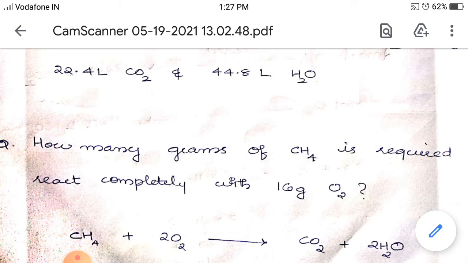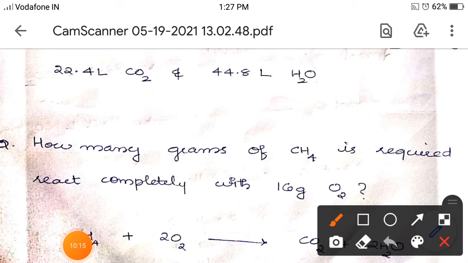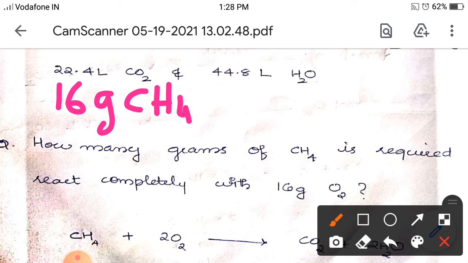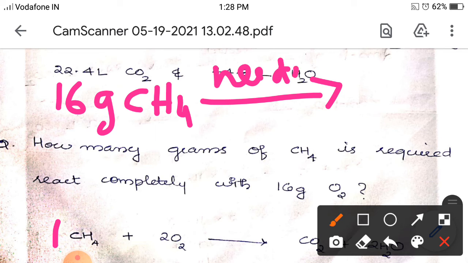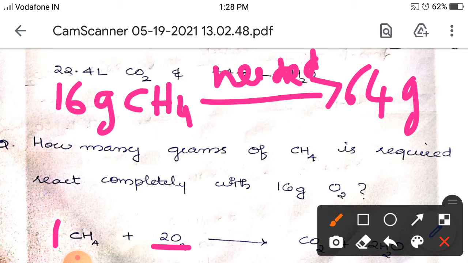Then from that balanced chemical equation, 16 gram CH4 is needed, that is 1 mole, that is 16 gram. That is needed for 2 mole, that is 64 gram O2. From this balanced chemical equation we are getting this.